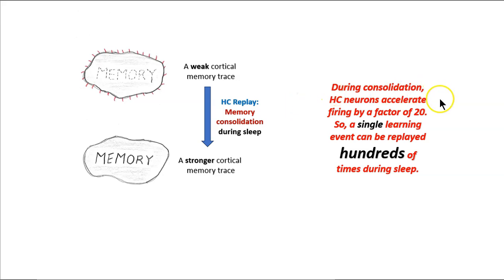And during this consolidation phase, the hippocampal neurons accelerate their firing by a factor of 20. So a single learning event during the day can be replayed hundreds of times during sleep. And so if you're reactivating those neurons in the cortex that were activated during the learning event, if you reactivate them a lot, you're giving them the opportunity to strengthen their synapses, to strengthen the memory traces.